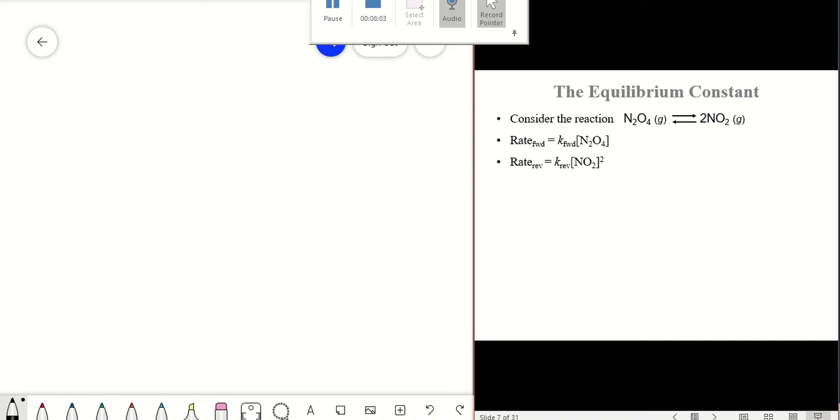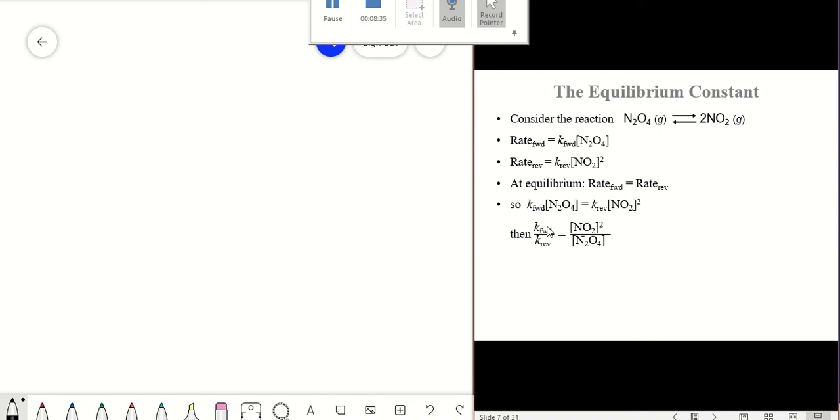Now we know what happens at equilibrium. At equilibrium, the rate of forward reaction equals the rate of reverse reaction. So essentially we can rewrite this expression by plugging in these values right here, and that would give us this expression. Now if I divide both sides by k reverse and the concentration of N2O4, that would give me this right here, right? So the rate constant of forward reaction divided by the rate constant of reverse reaction can be written in this form.